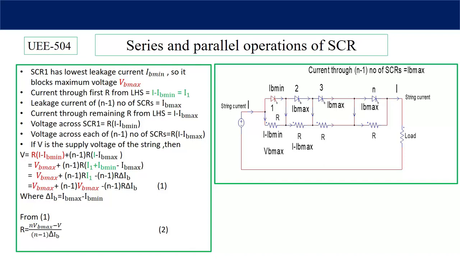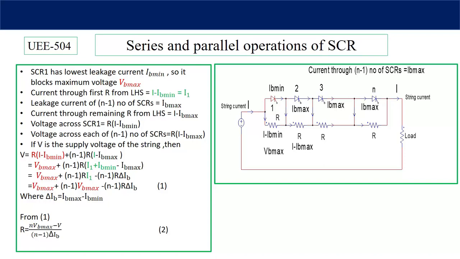Then in the next line you will see VB max plus n minus 1 into R I1 minus n minus 1 into R delta IB. Here delta IB is equal to IB maximum minus IB minimum. In the data sheet generally IB minimum is not given, only IB maximum is given. Then in that case IB minimum can be considered as 0, and delta IB is equal to IB maximum.